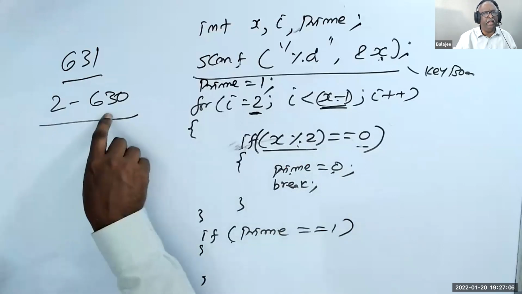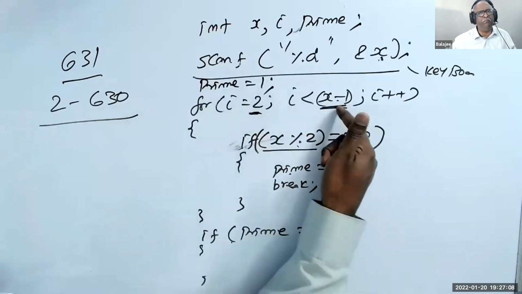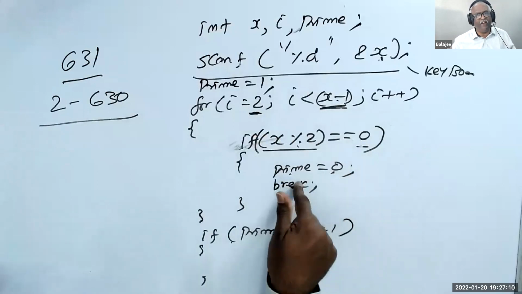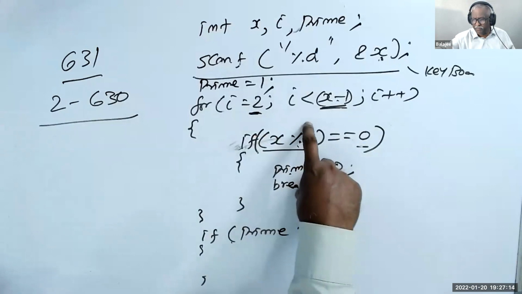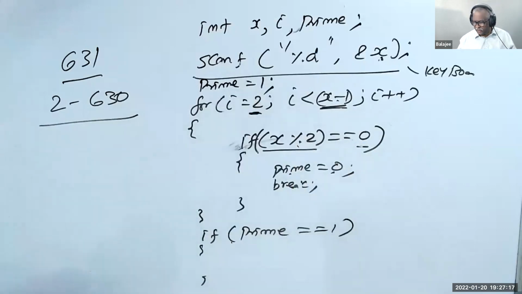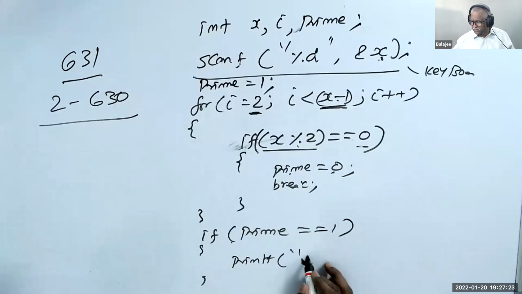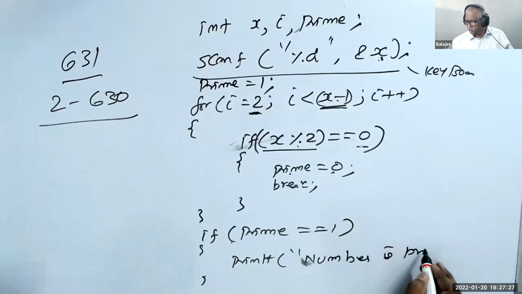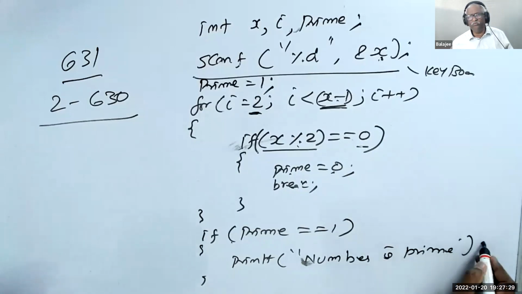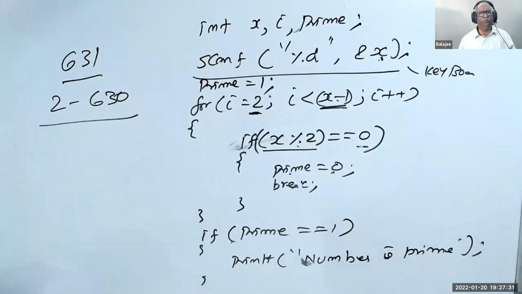If we don't find any factor, then you will never get into the loop. So prime will be always 1. So I say printf number is prime. You understand now? This is a quite simple concept.